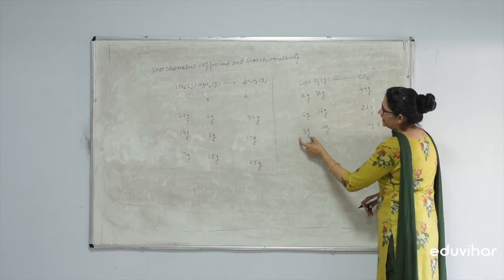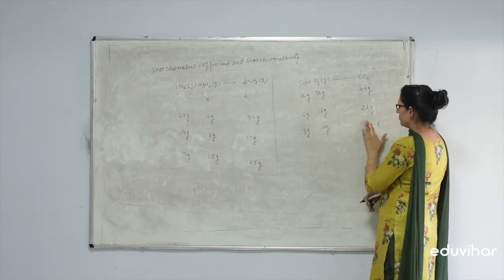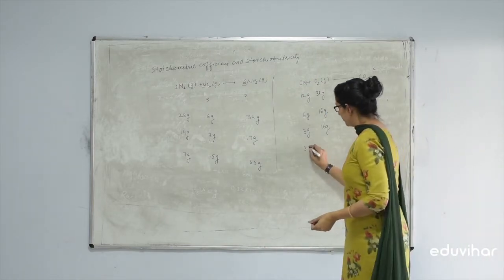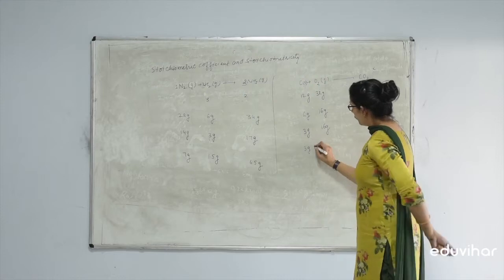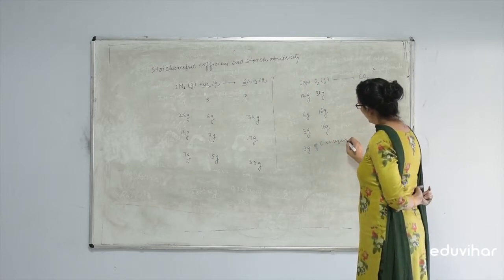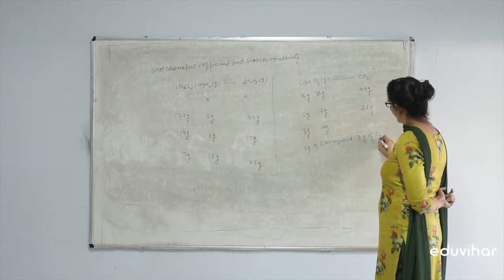But here we have 3 gram of carbon, but oxygen is 16 gram. It means oxygen is present in excess amount. For 3 gram of carbon, we require 8 gram of oxygen.